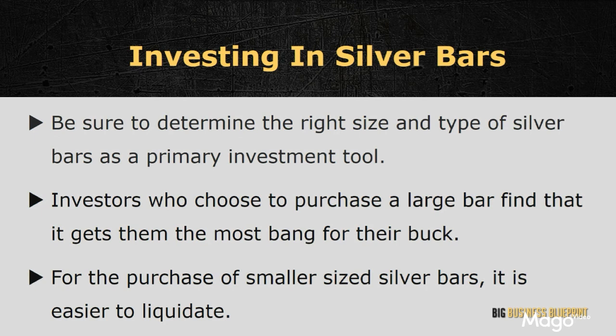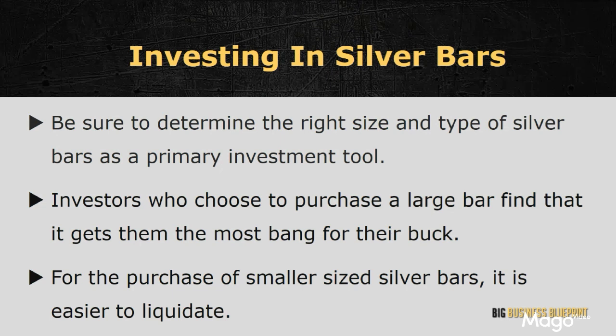There's no right or wrong weight in purchasing silver bars, as this is a personal choice. Generally speaking, investors who choose to purchase a large bar find that it gets them the most bang for their buck. For the purchase of smaller sized silver bars, it's easier to liquidate.